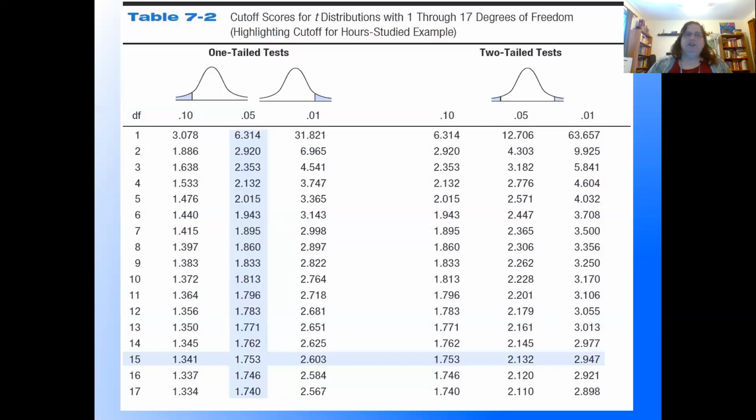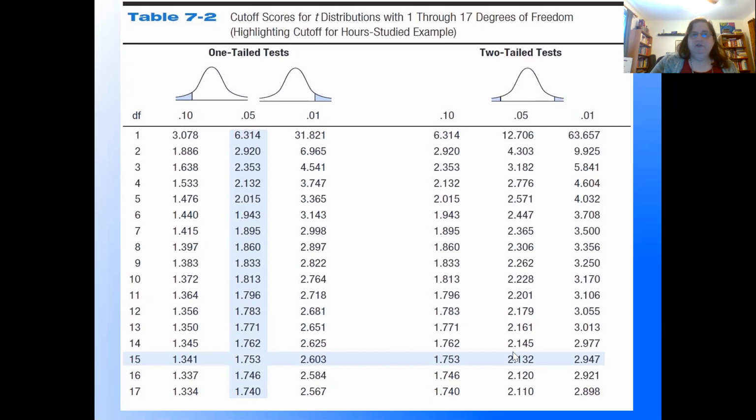Now we get to look this up in our t-table. The first thing we have to remember is, was this a one-tailed or two-tailed test? If you recall, we said different, so it was a two-tailed test. Next, we have to recall our alpha. So we're on the right side with a two-tailed test. Our alpha was 0.05, so we're down the middle.